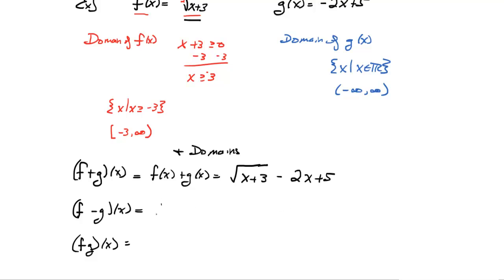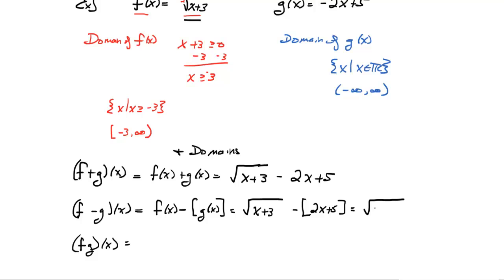The f minus g of x, I like to write, making sure I do not forget to distribute that negative to my second function. So I'm going to have the square root of x plus 3 minus the quantity of 2x plus 5. And that's going to be equal to the square root of x plus 3 minus 2x minus 5.